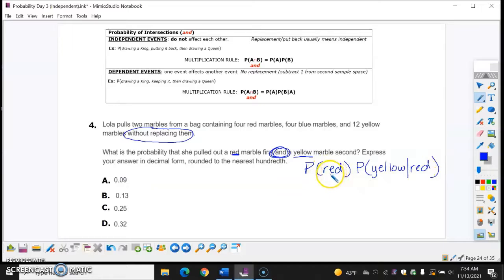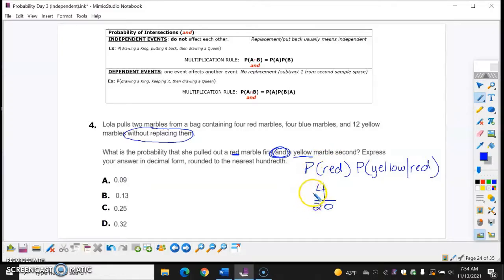Okay, what is the probability of drawing a red marble? There are 4 red marbles, and overall there are 4 plus 4 is 8, plus 12 gives me that there were 20 total marbles. So first off, you would draw a red.